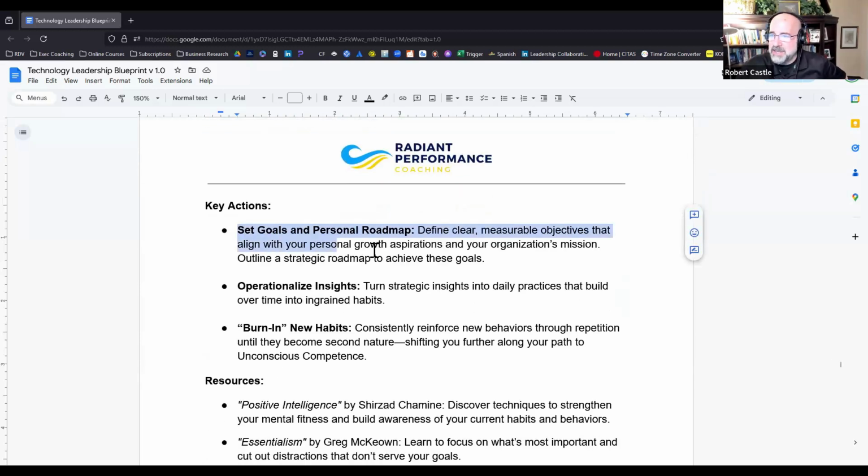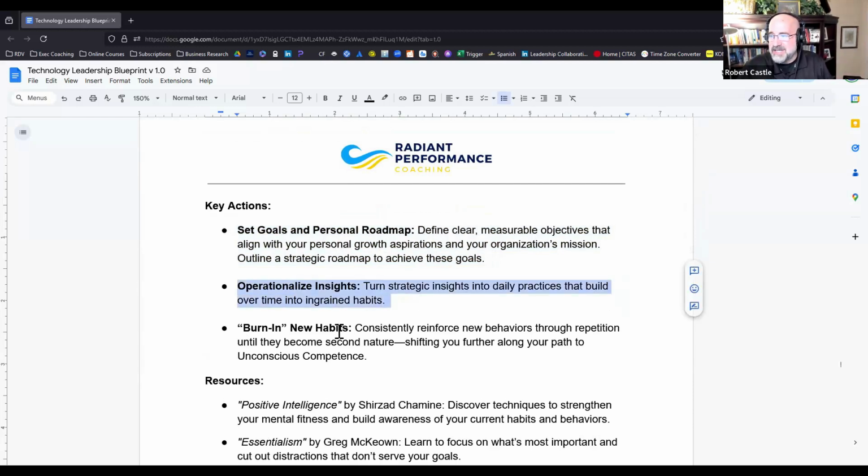So your key actions are to set goals and define your personal roadmap. So define clear, measurable objectives that align with your personal growth aspirations and your organization's mission. Outline a strategic roadmap to achieve these goals. Operationalize the insights.